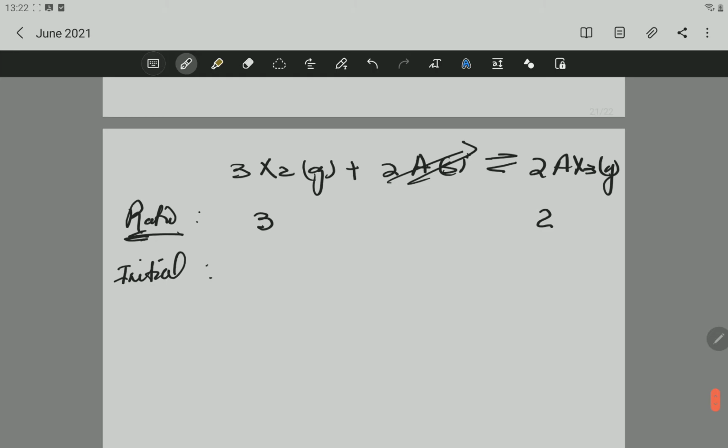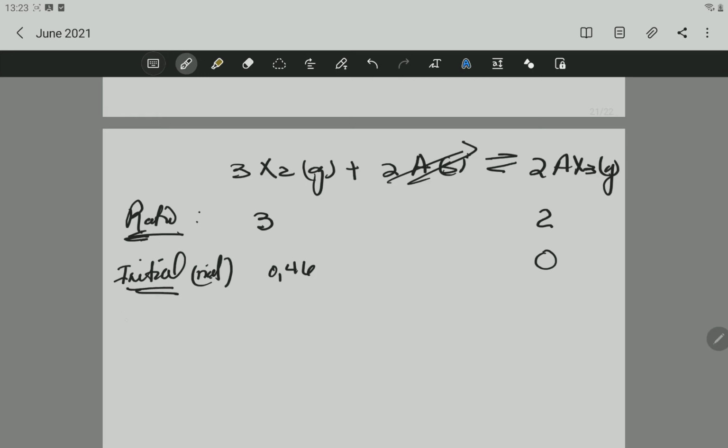I'm going to write here mole, not to get confused, and the amount is 0,46 of this reactant. What will be the initial amount of AX3? 0. You don't have any amount at the beginning. You're starting with 0 product.